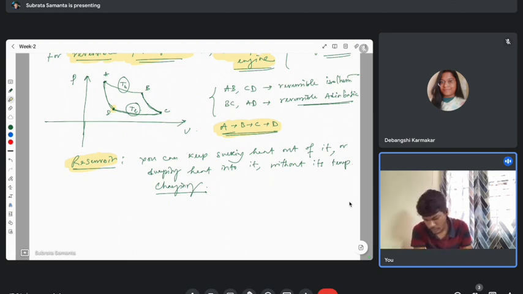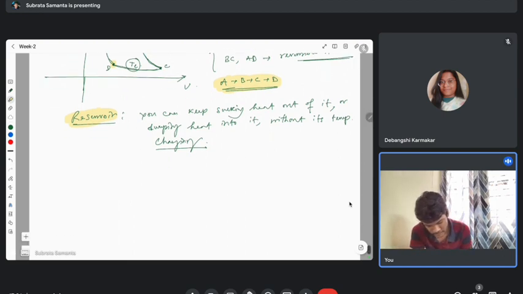This is one reservoir, TH, and another reservoir is TL. This is the high temperature and this is the low temperature. And you consider an engine here. This is your engine, E.